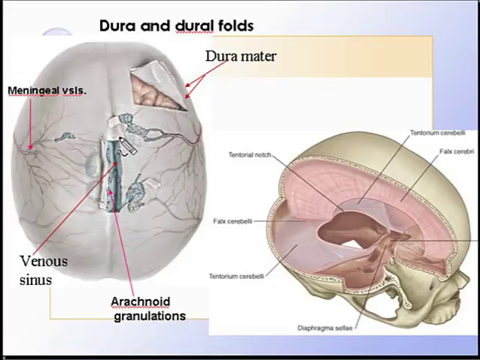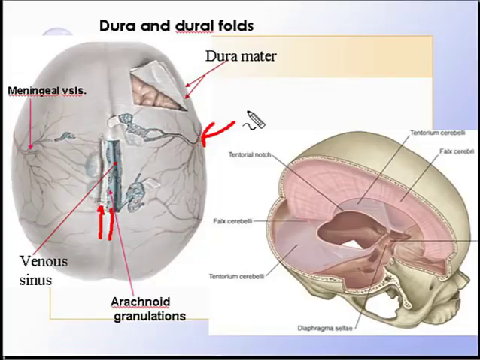Here you can see this is the outer layer, and this one here is the inner layer, and in between them is this venous sinus. Now on the outside of the dura mater you will see these blood vessels, and these are those meningeal vessels which you saw, and these naturally, as you can see, will supply the dura mater. So you can see here again meningeal blood vessels on the outside, lying in the extradural space.